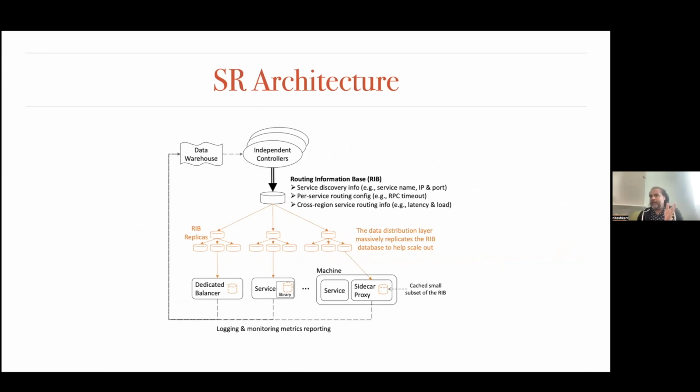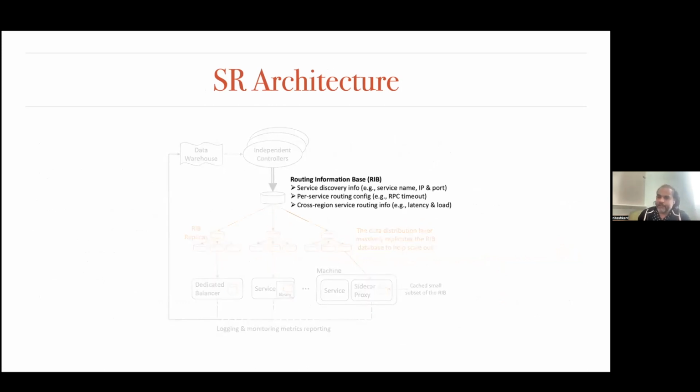This is the top-level architecture. A critical part of it, which I think we've been discussing previously in this discussion, is the control plane data, which we call the routing information base. It has service discovery data, routing configuration, and cross-region routing information, which I'll talk about a little later.